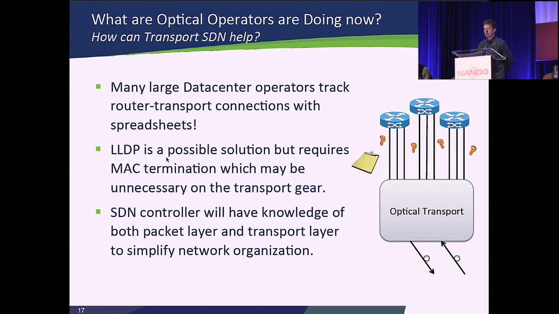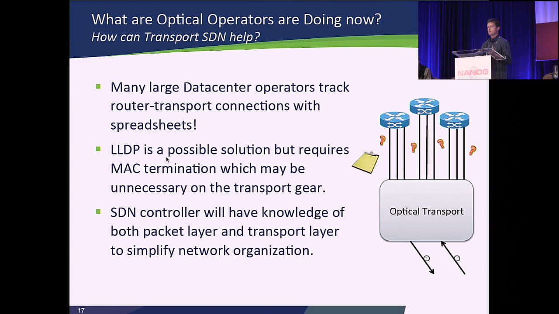I'm going to give a couple of concrete examples of what some operators are doing now and how SDN is helping. Now, I found it surprising to learn that a couple of tier 1 operators actually use spreadsheets to track connectivity between their routers and their transport gear. And there are a couple of really good reasons why.